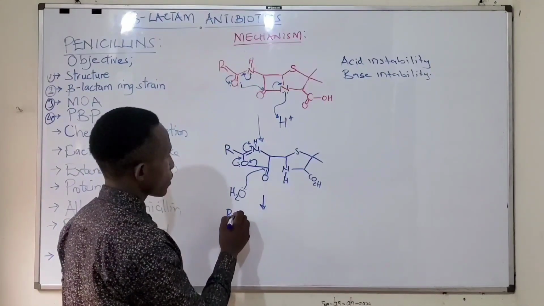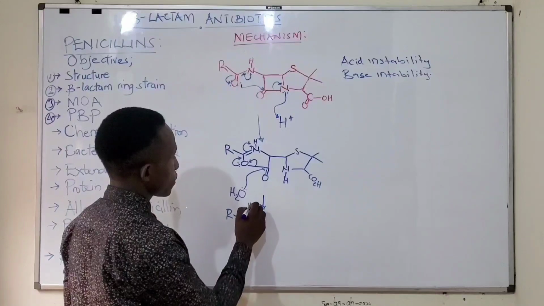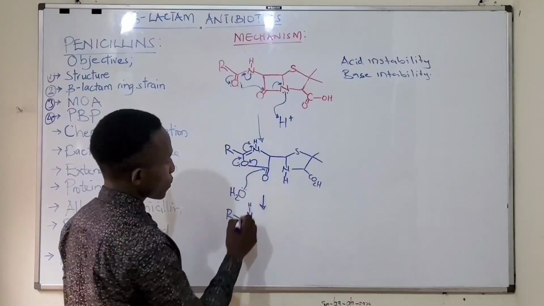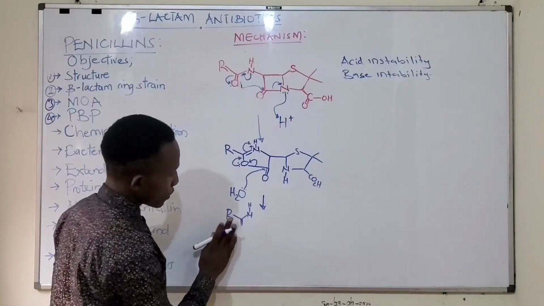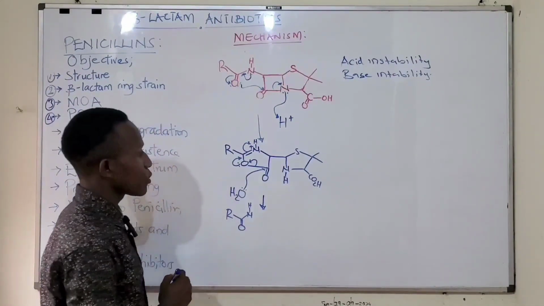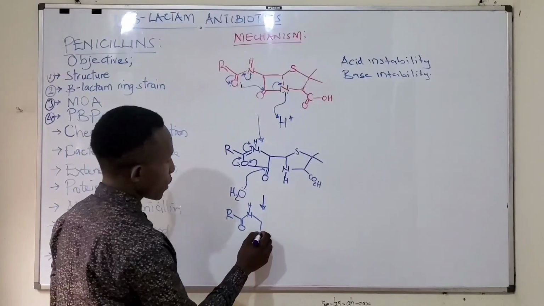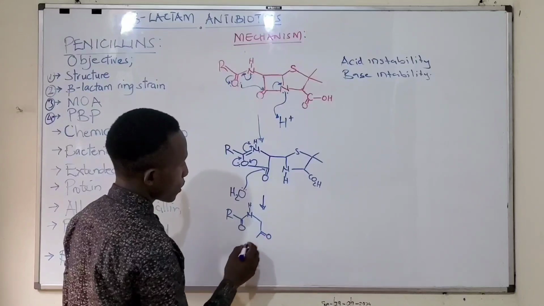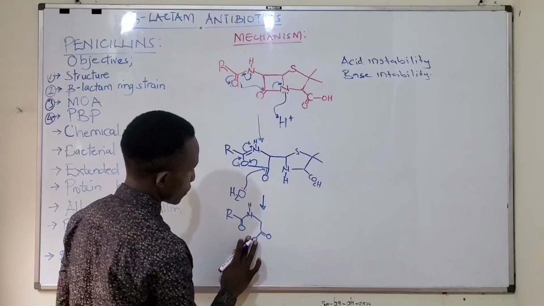So our R group, now this nitrogen is stable. It's back with 2 bonds. Now here we shall have the O with the water present.